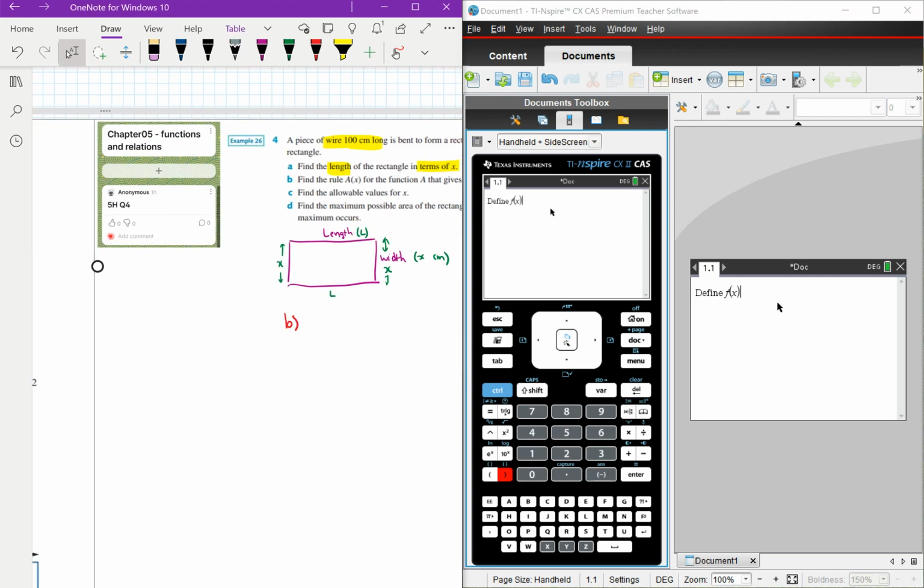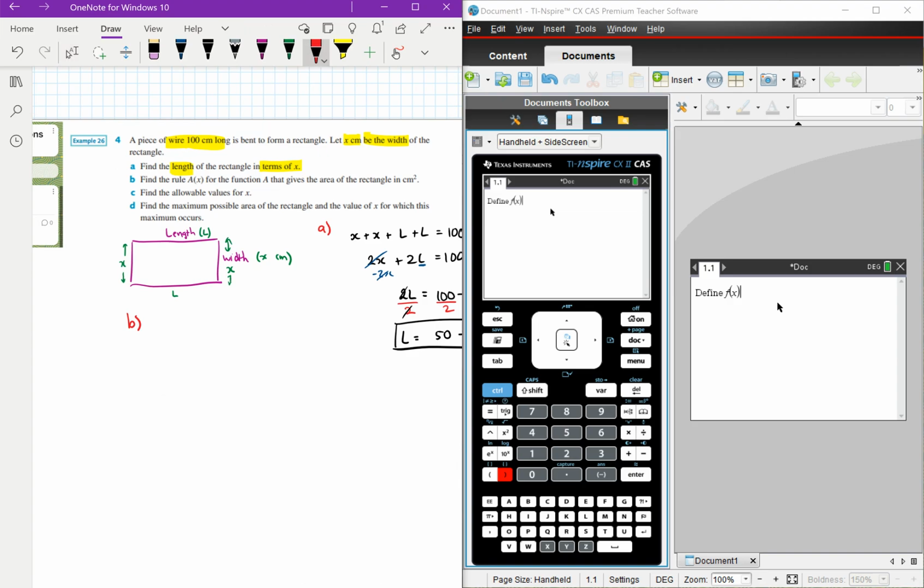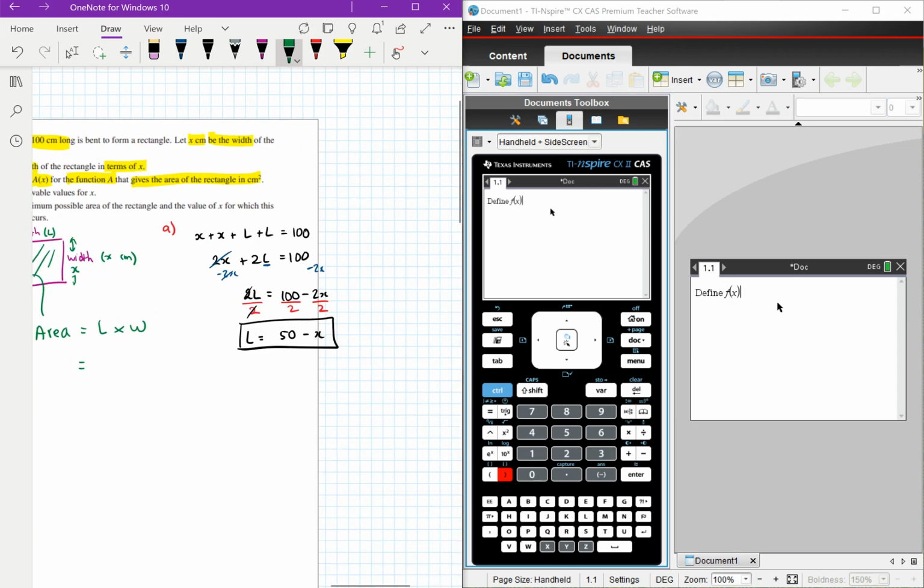Part B says that we need to find the rule for A, which is the area function that gives the area of the rectangle. Now we know that the area of a rectangle is given by length multiplied by width. We know the length is now 50 minus x, so 50 minus x multiplied by w, which we knew was x.